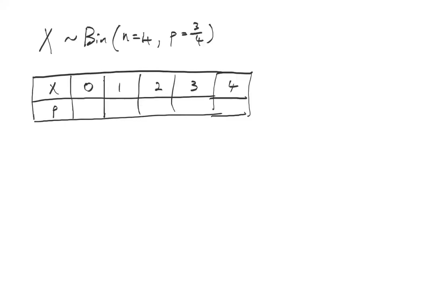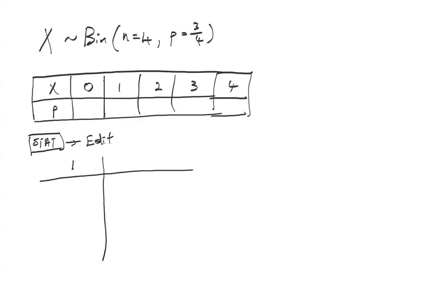You must press stat. Correct? Then you press stat. You select edit. So you got the columns come out, correct? So L1, you key in all the possible values of X.